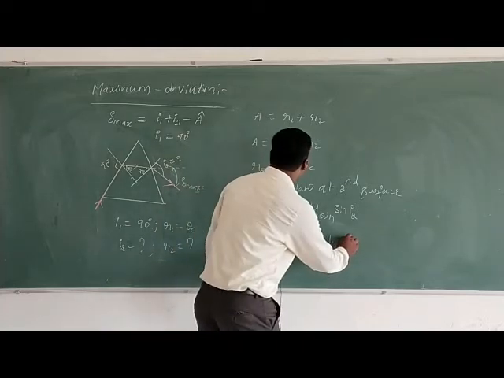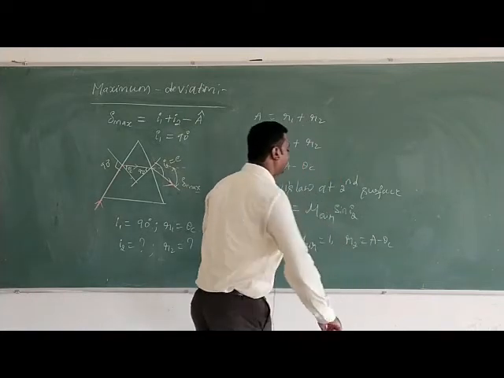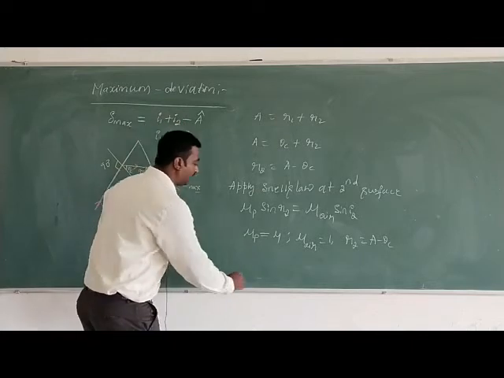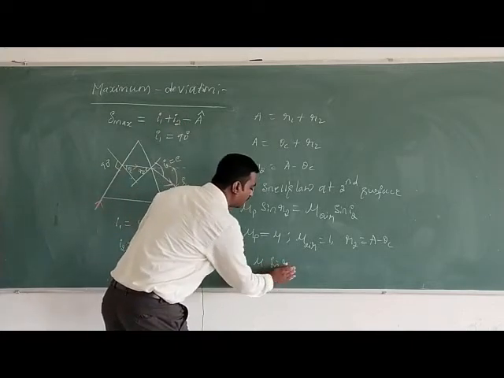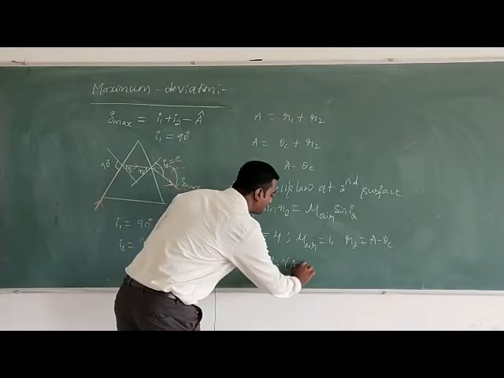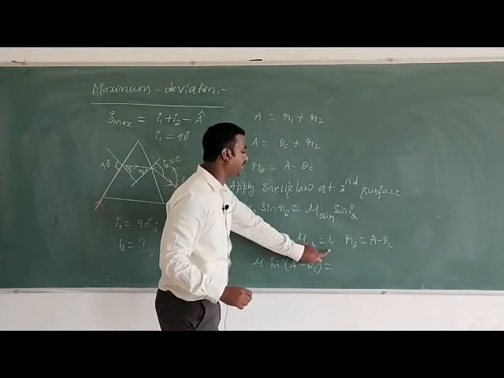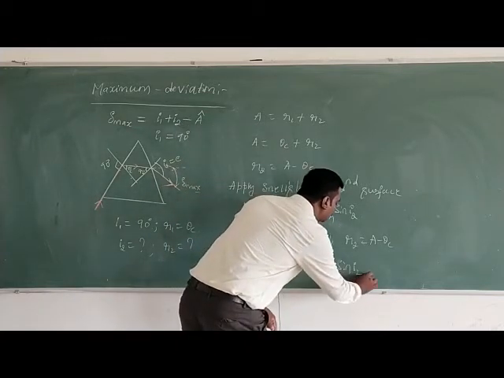And the R2 value we calculated is A minus theta c. So now this equation reduces to mu sine R2, that is mu sine of A minus theta c, which is equal to sine I2, since the refractive index of air is 1.